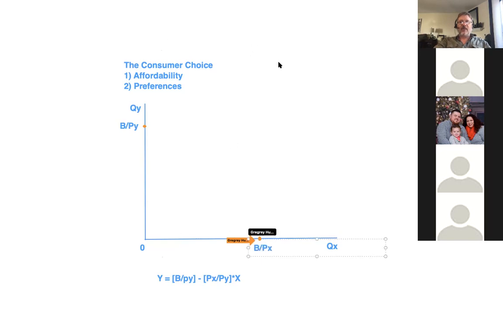And then the line connecting these two points would be the consumer's budget line or the budget constraint.